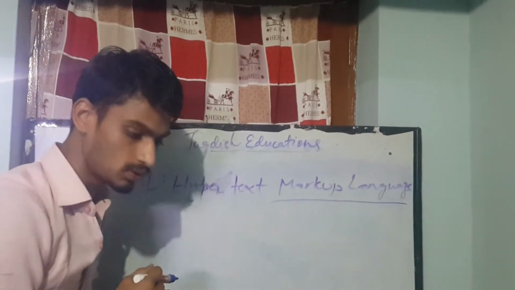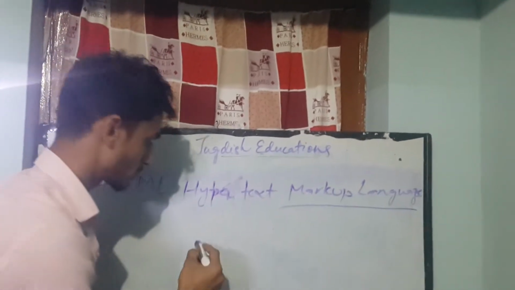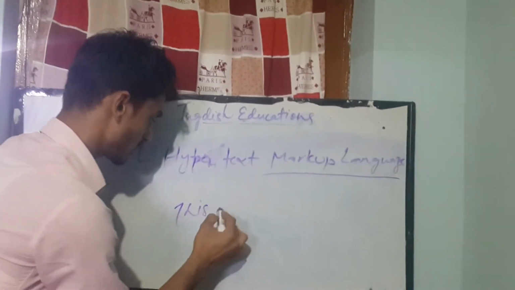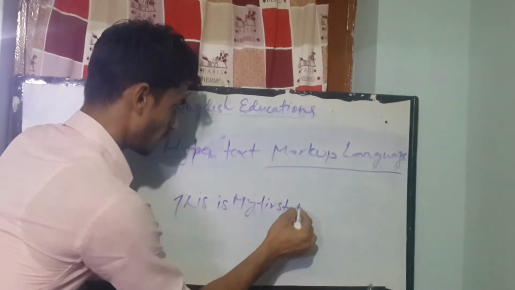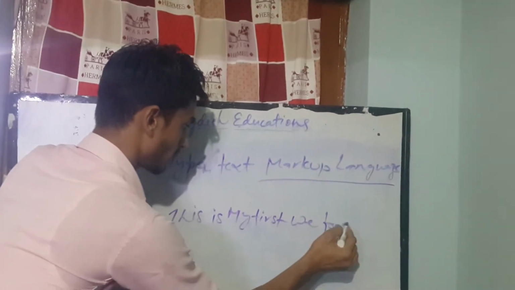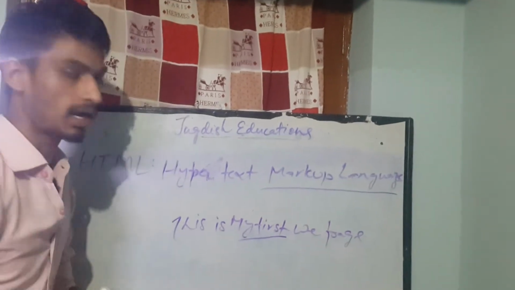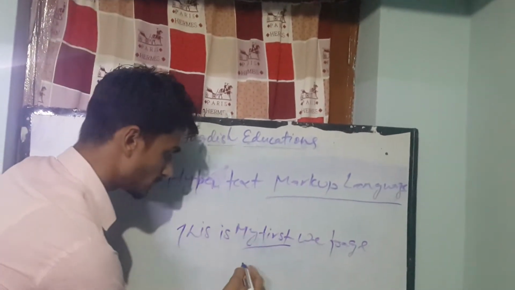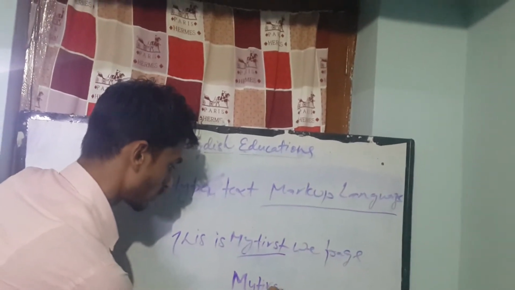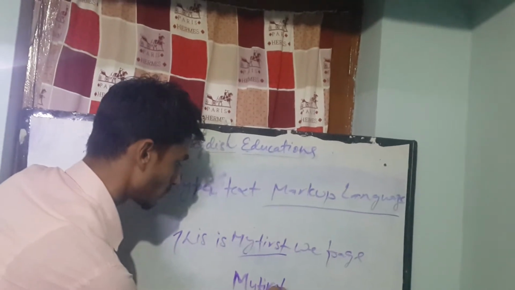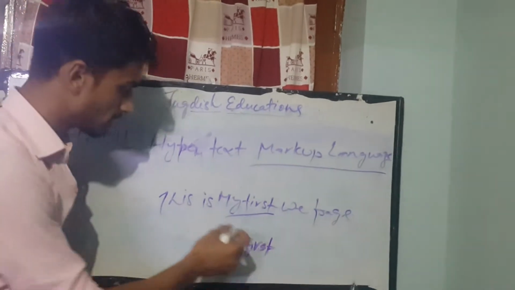Coming to human beings, if you want to write a sentence, I have written one sentence: this is my first web page. If someone tells you to make "my first" bold, as a human we will darken it. But how will we tell the web that this word should be dark?